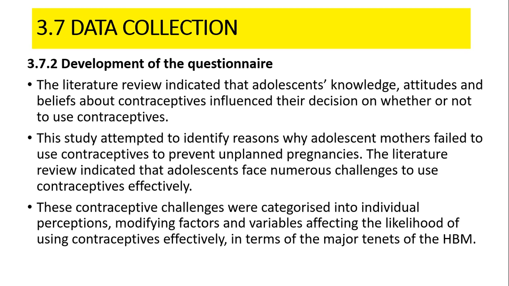Second, this study attempted to identify reasons why adolescent mothers fail to use contraceptives to prevent unplanned pregnancies. The literature review indicated that adolescents face numerous challenges in using contraceptives effectively. You explain the key concept: these contraceptive challenges are categorized into individual perceptions and modifying factors, which affect the likelihood of using contraceptives effectively, in terms of the major tenets of the HBM, the health belief model, right?